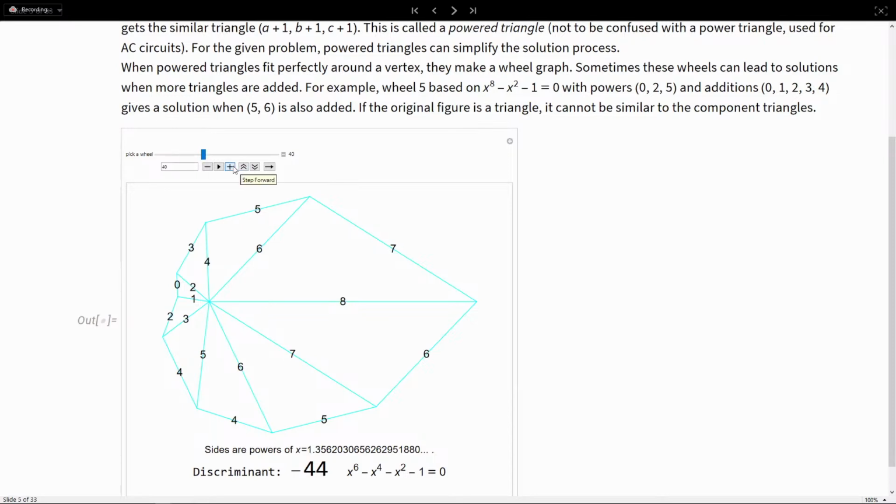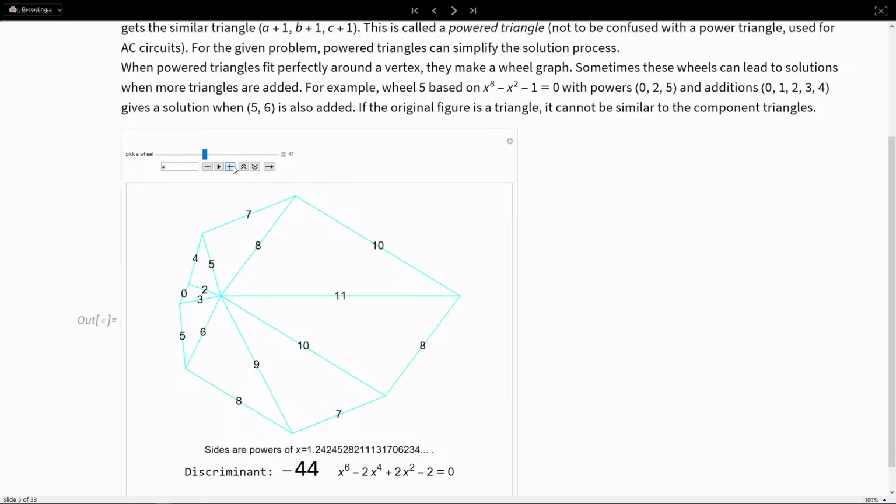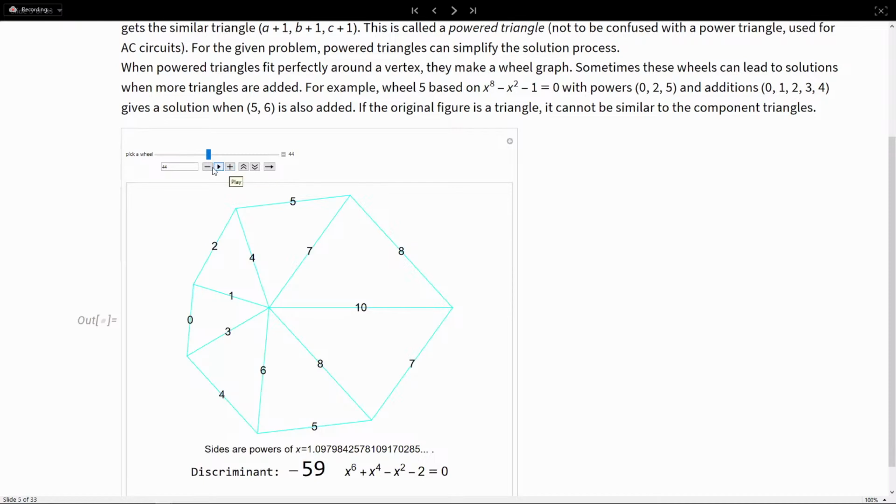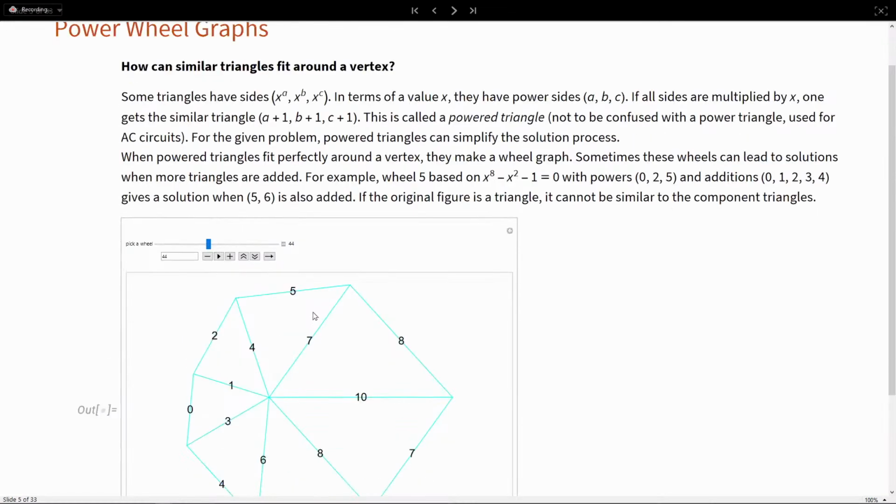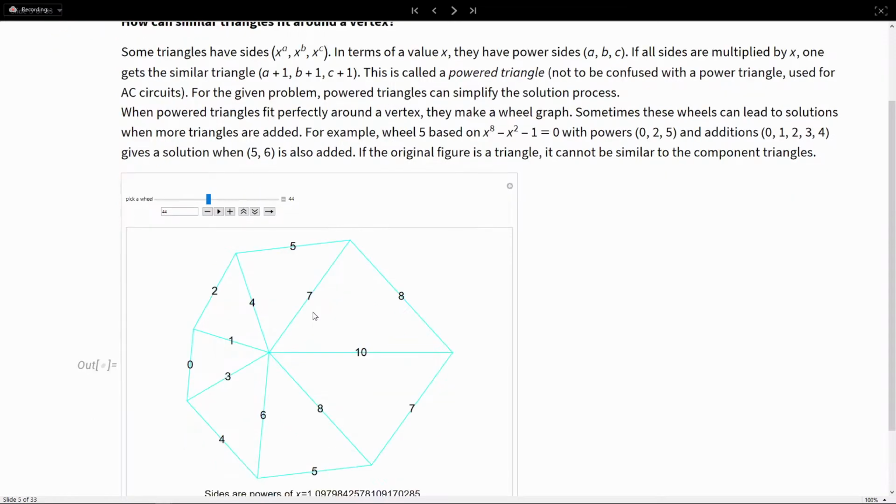Minus 44, this is the Fibonacci constant. And it goes on. Most of these solutions were in fields with a small discriminant. And I felt that that was something valuable.